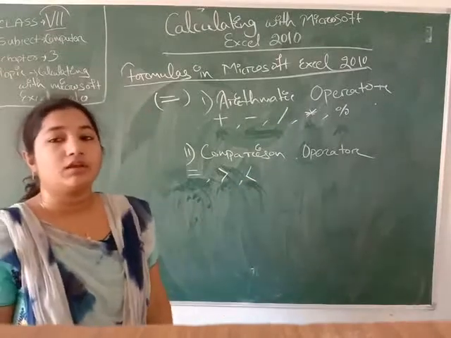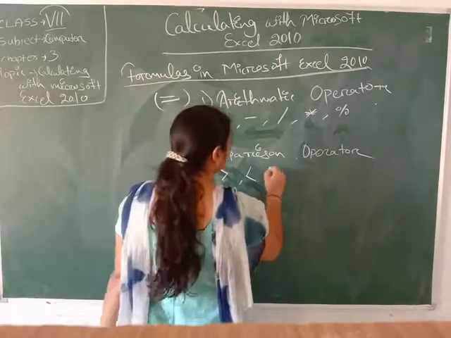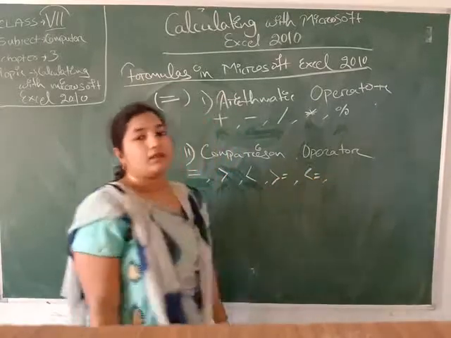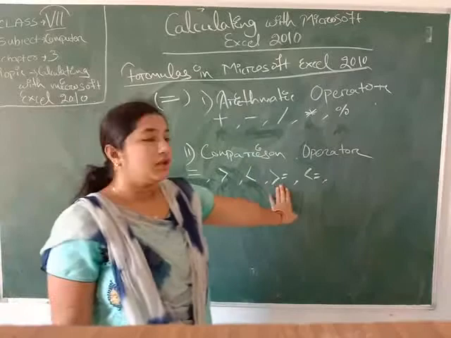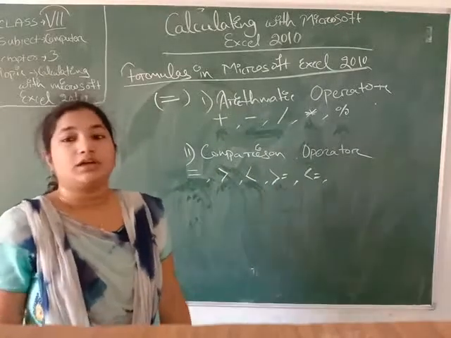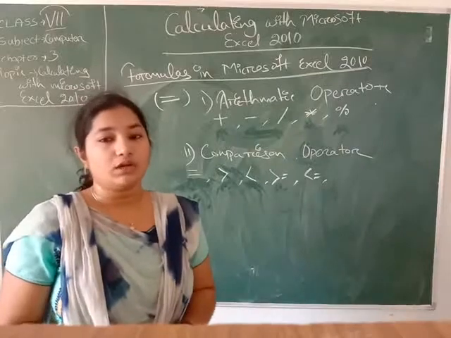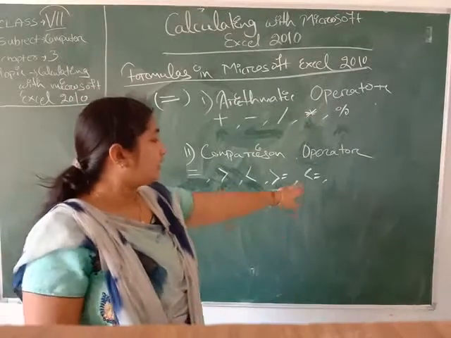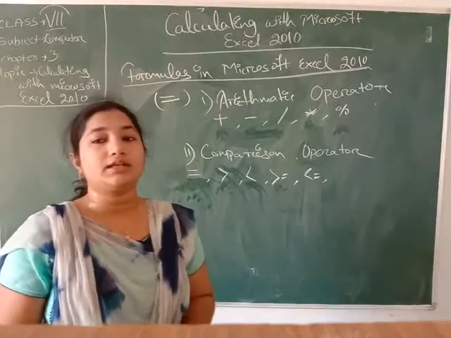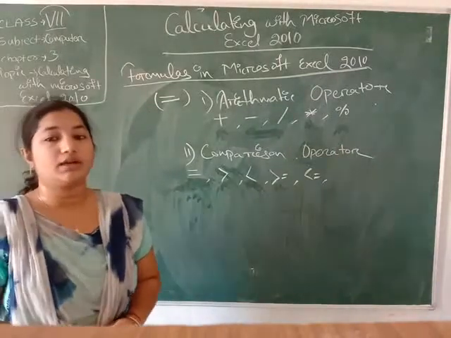After that, we use greater than or equal to, and lesser than or equal to. This is used to find the number that is greater than or equal to the condition, and this symbol is used to find the number that is lesser than or equal to the condition.